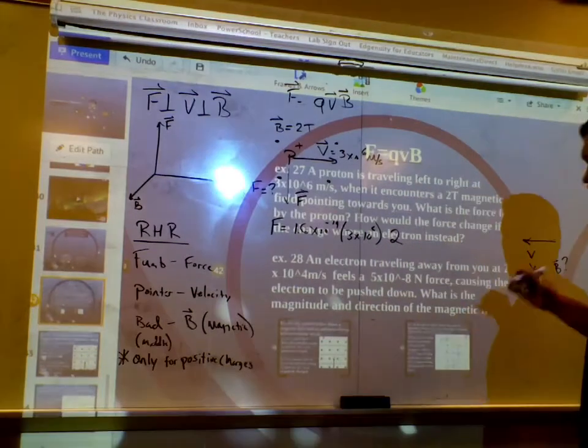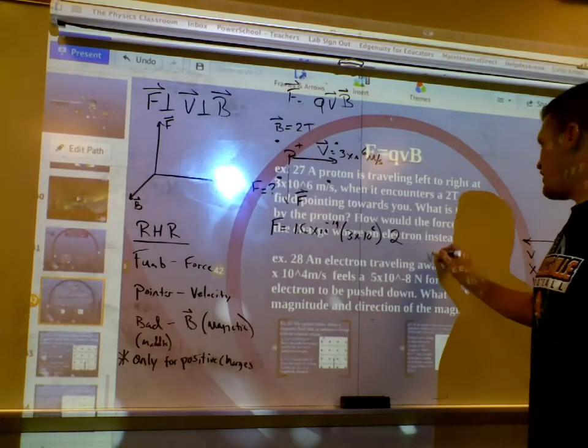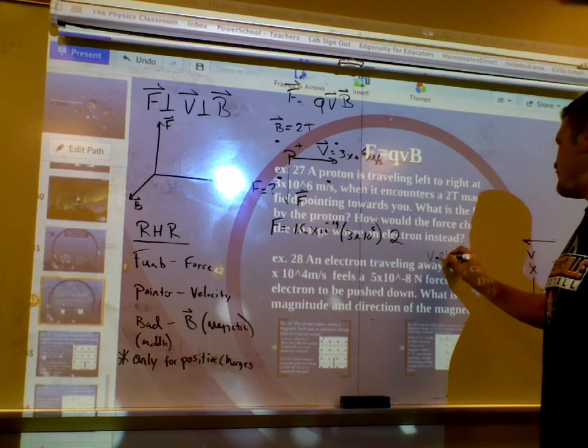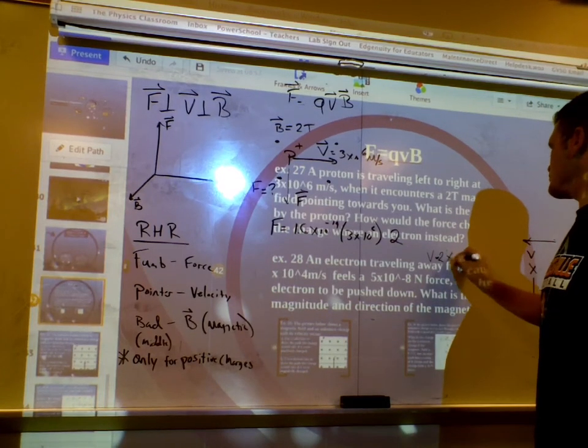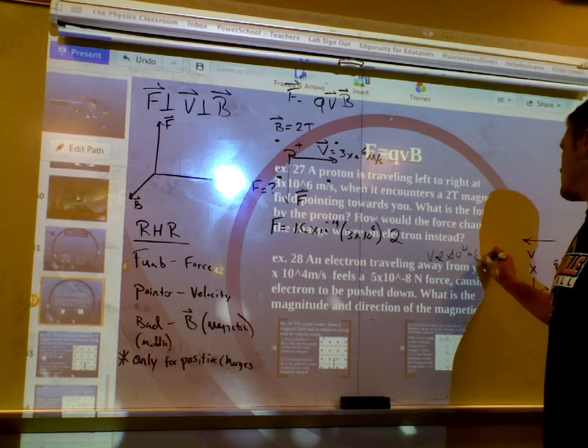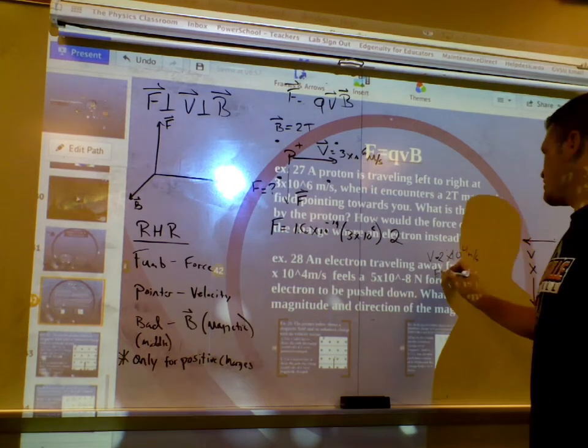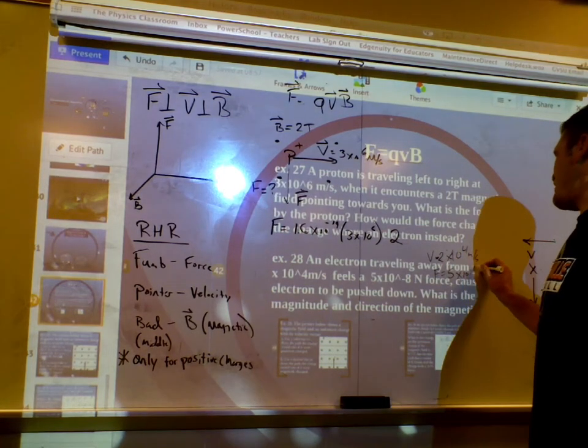Now let's figure out what the magnitude of B is. The velocity is 2 times 10 to the fourth. The force is 5 times 10 to the negative 8 newtons.